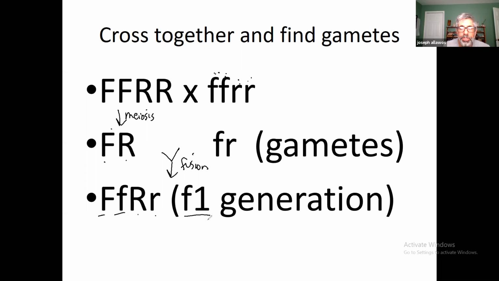Now we have our F1 generation. And this represents a whole generation of squirrels. I don't know how many little baby squirrels mama squirrel has typically. I would imagine 5 or 6. They're all going to have the same genotype with respect to these two traits. What is their phenotype?